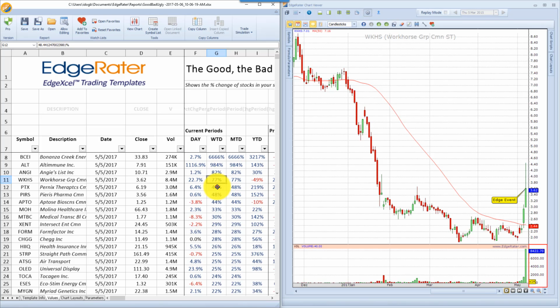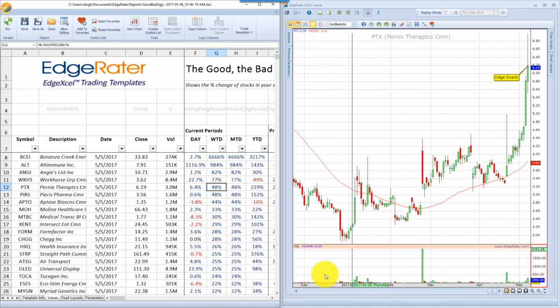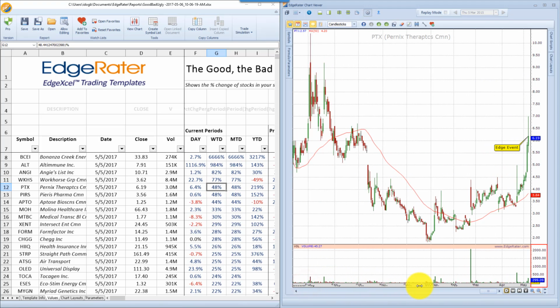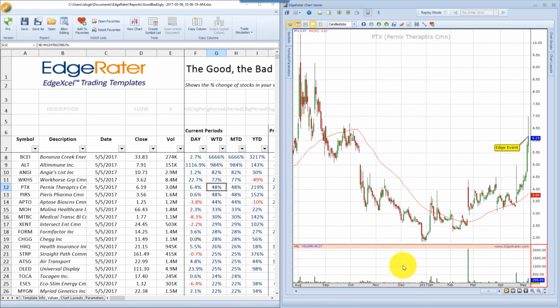Okay, what else are we going to look at down here? So we've got a few other things coming up. Okay, this obviously has made a good move for the week, a 48% move week to date. Right now it's quite a distance from the 50-period moving average. Also had this pullback from the high.